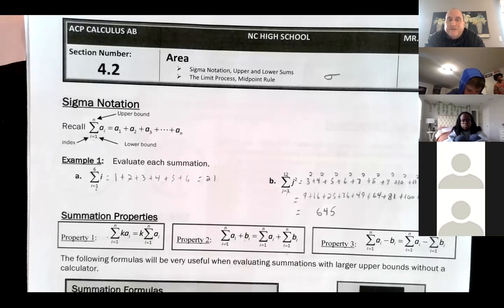What we're going to be doing is finding the area under a curve, under a function, by doing something that we call Riemann sums. Riemann sums are really just rectangles, finding the area of rectangles that fit underneath that curve.